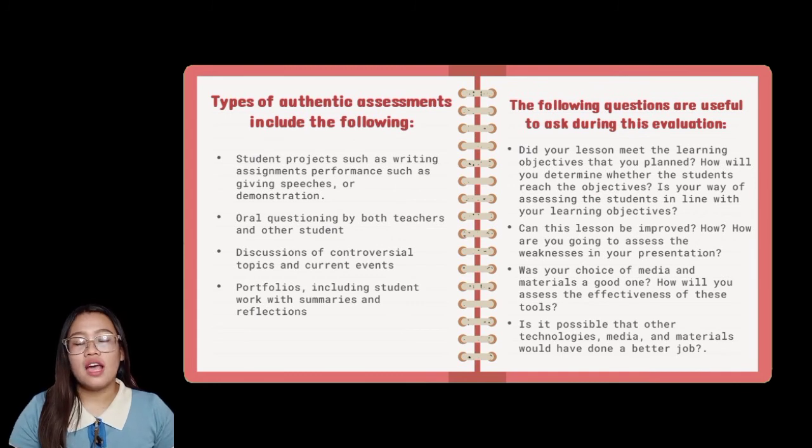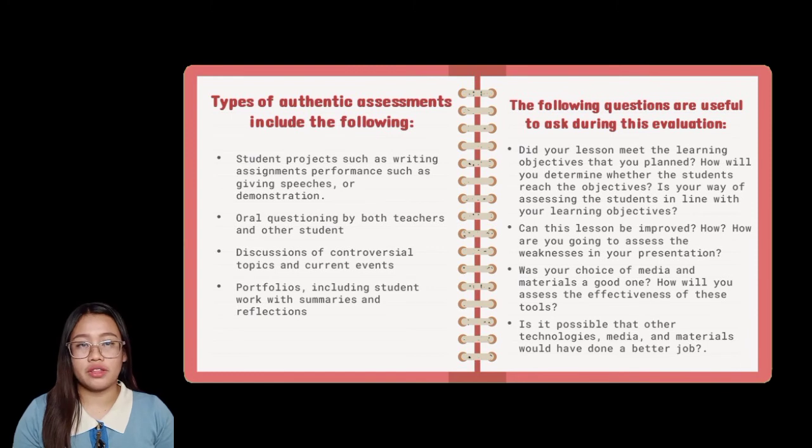Another is oral questioning by both teachers and students. This is very often used because teachers usually ask questions in order to know if a student knows it or has already acquired the lesson.